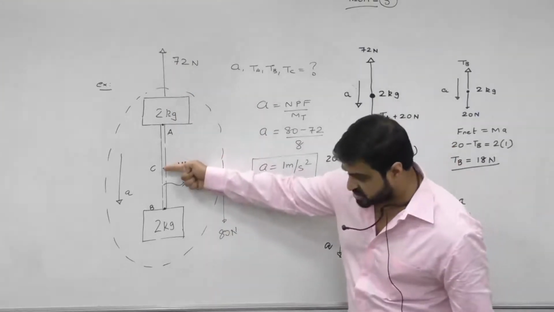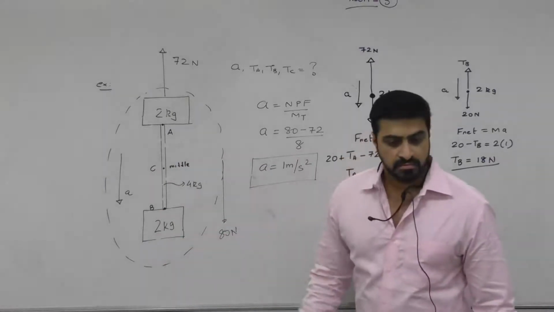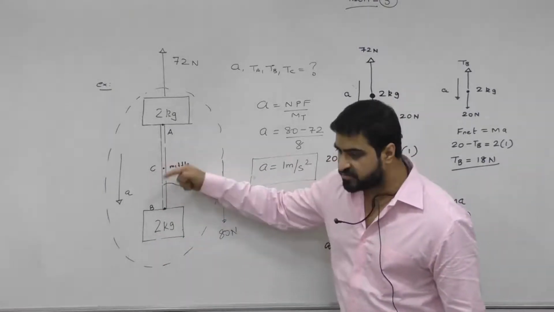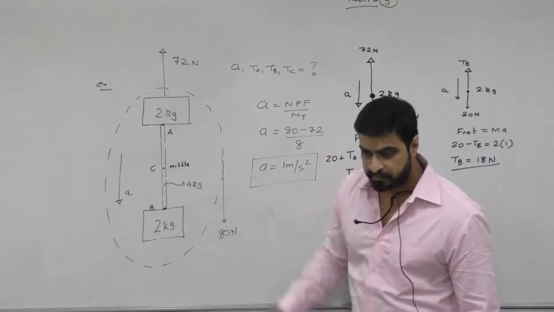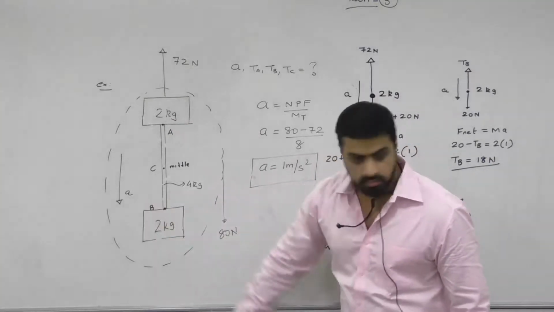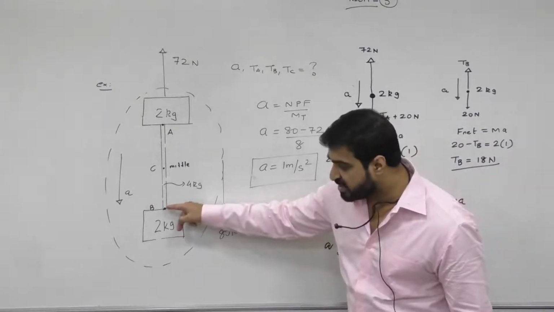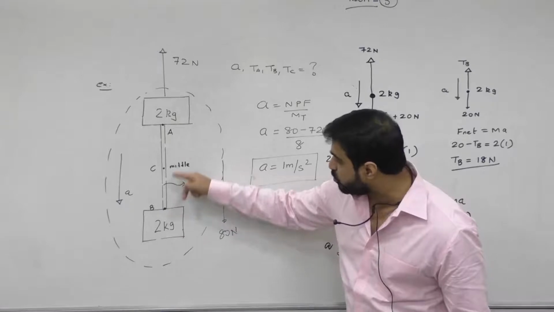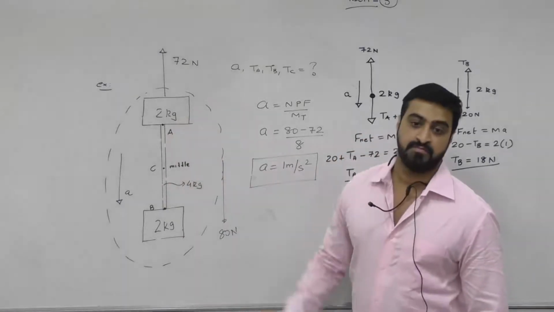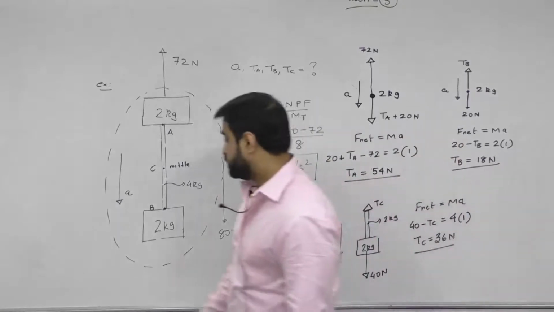This part of the string C is holding this part and this part only. Tension will become comparatively lesser than B. A. This part is only holding what? 2. Understand? So this part will be having comparatively less tension than all the other parts which are above. Got it? Fine.